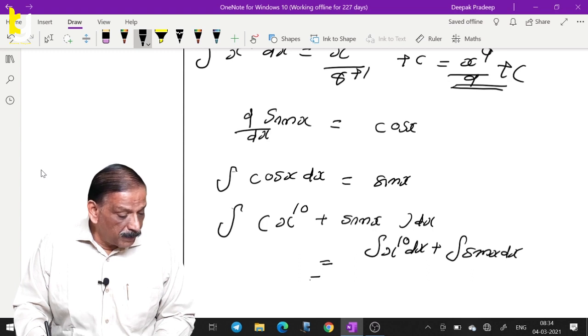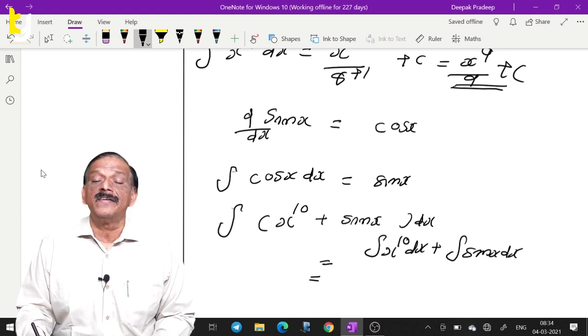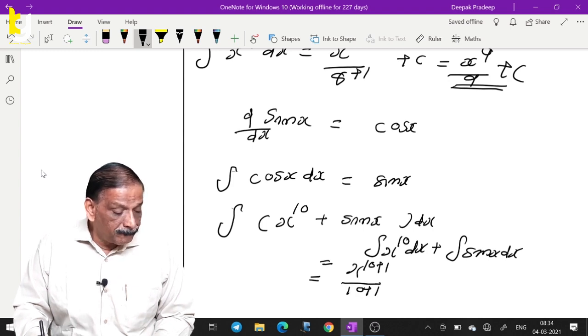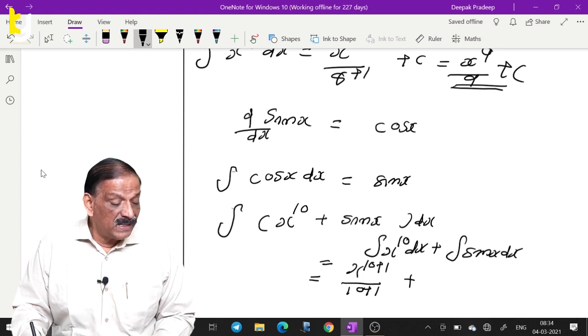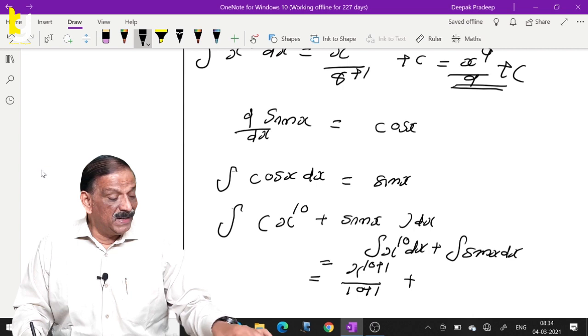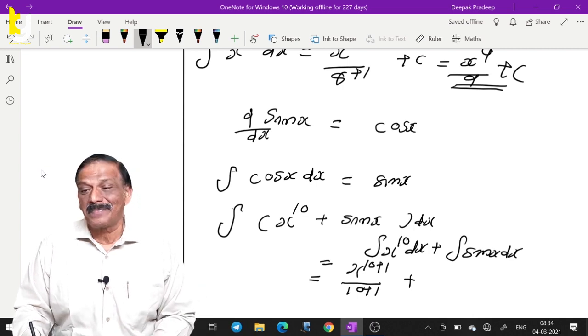Integral x raised to 10 dx, that we know, is x to the power of 10 plus 1 divided by 10 plus 1, plus integral sin x.